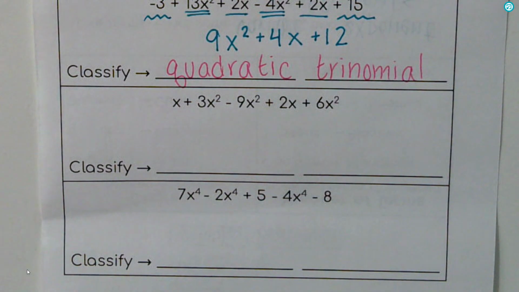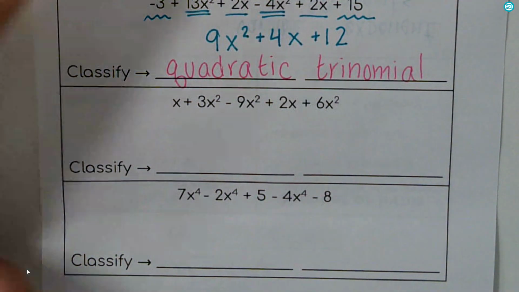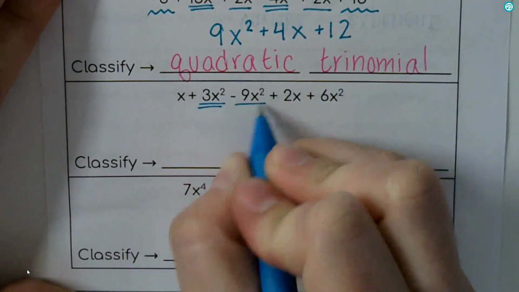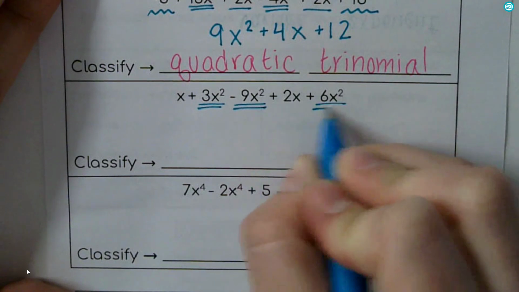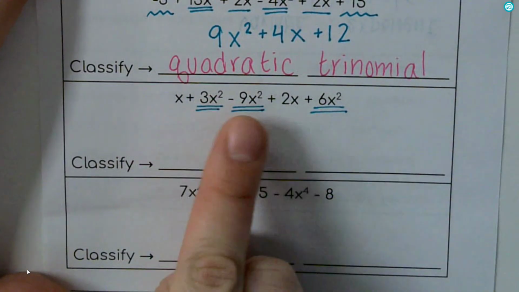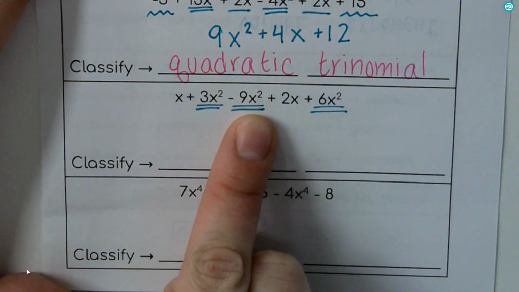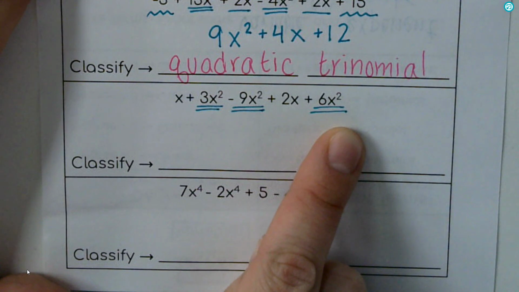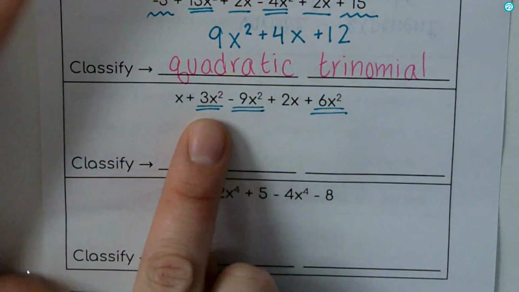Hey, we've got 2 more. Next one, the highest exponent I see is x squared, and I have 3 of them. So I've got 3x squared, negative 9x squared, and 6x squared. What is 3 minus 9? Plus 6. Ignore the x's for right now.